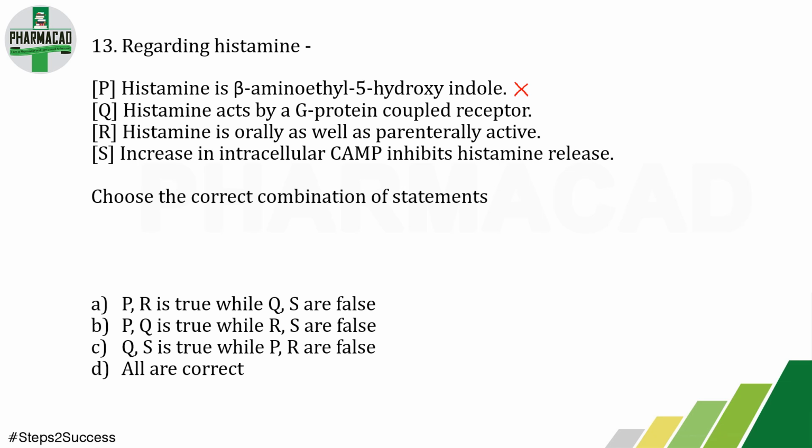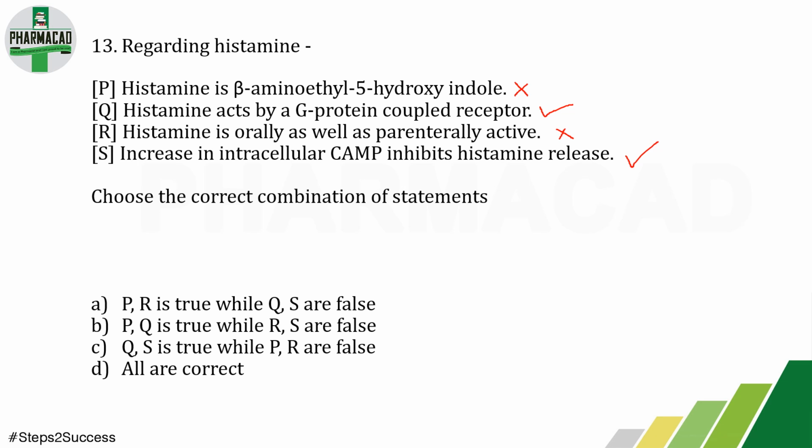Then we have histamine acts by a G protein coupled receptor, which is a true statement. Then we have histamine is orally as well as parenterally active. No, false statement. Then we have increase in the intracellular cAMP inhibits histamine release. This is the true statement.